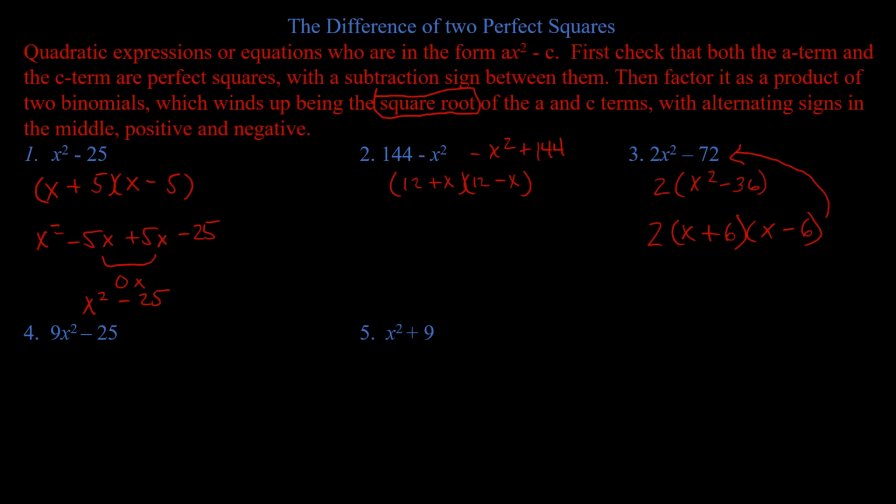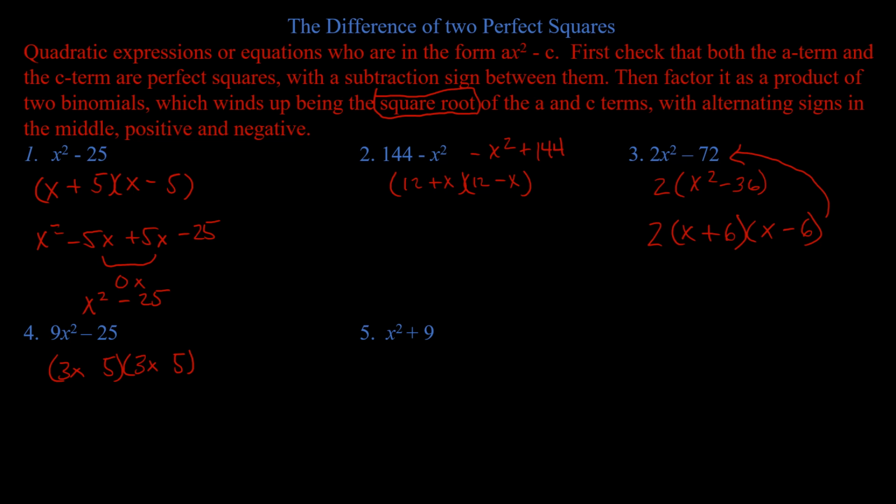So if they're both perfect squares, you can just do the square root of each. So the square root of 9 is 3, and so the square root of 9x squared is 3x. And we put the 3x in both parentheses. Now the square root of 25 is 5.